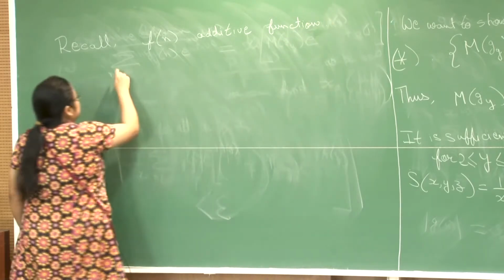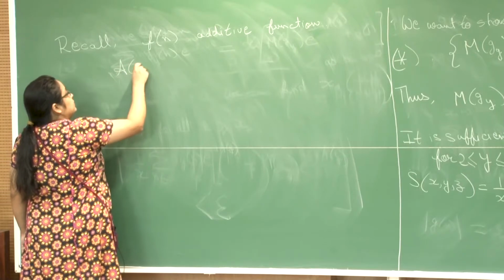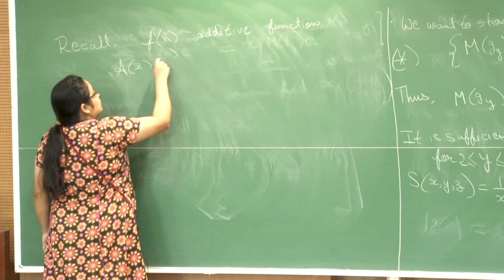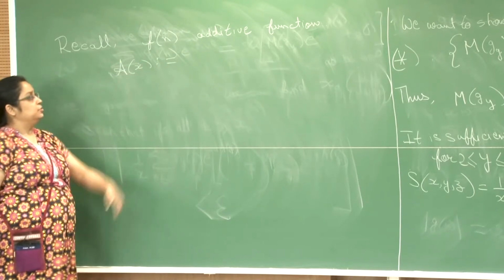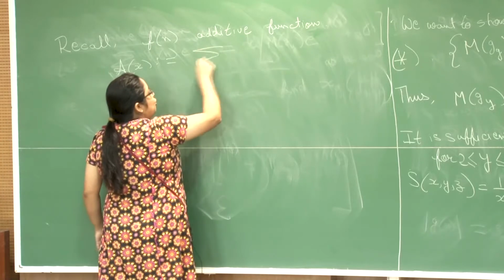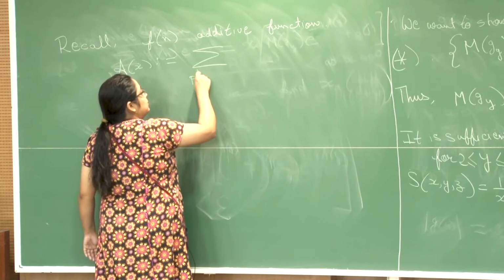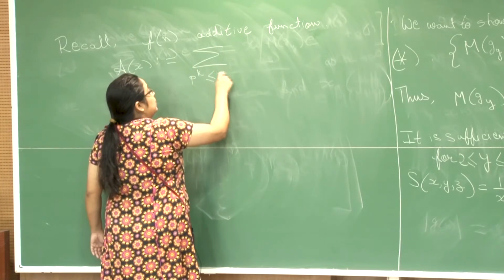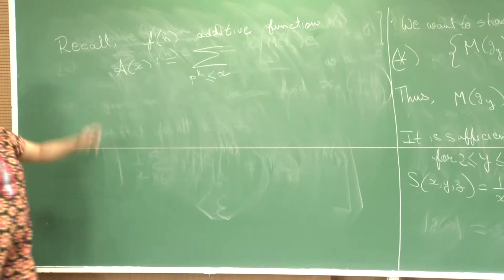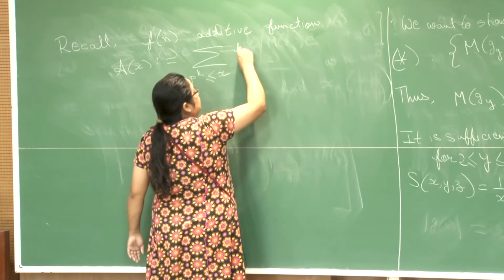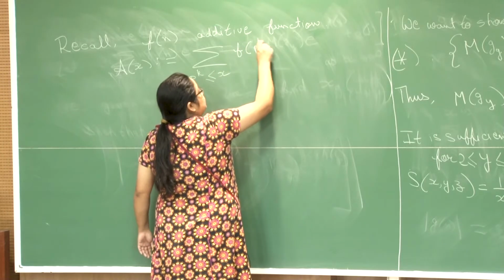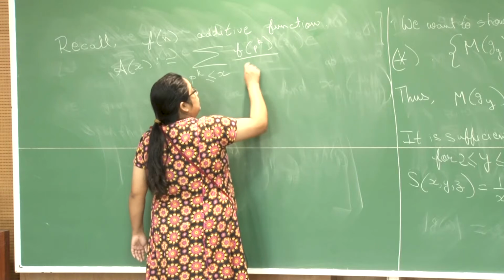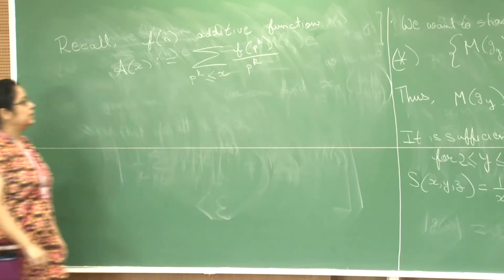Let us take a of x to be equal to the sum of all those prime powers which are less than or equal to x, f of p raised to the k over p raised to the k.